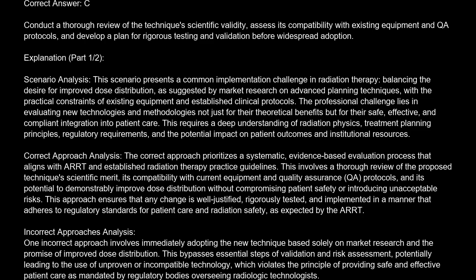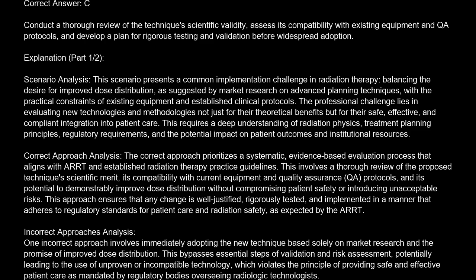This requires a deep understanding of radiation physics, treatment planning principles, regulatory requirements, and the potential impact on patient outcomes and institutional resources. Correct approach analysis. The correct approach prioritizes a systematic, evidence-based evaluation process that aligns with established radiation therapy practice guidelines.